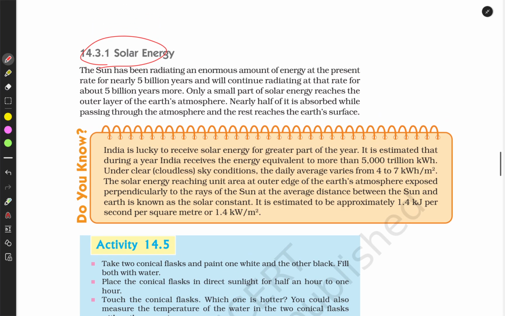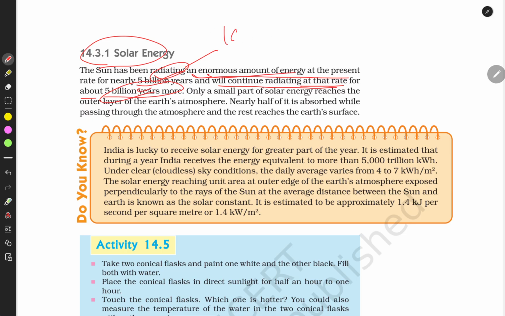The sun is radiating an enormous amount of energy, and it has been doing so for nearly 5 billion years. From when the sun was formed, it has been continuously radiating enormous amounts of energy, and the Earth has an age of about 4.5 billion years, and the sun will continue to radiate for about 5 billion more years.